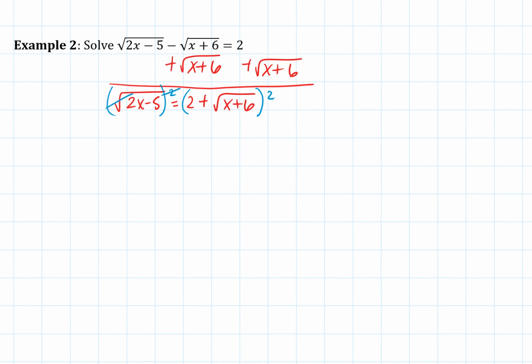And this works out nicely. You end up with just 2x minus 5 on the left. On the right, we'll need to use the box method.